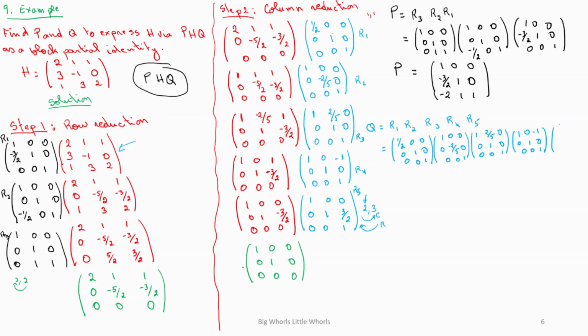Then the last matrix is 1 0 0, 0 1 3 over 2, 0 0 1.